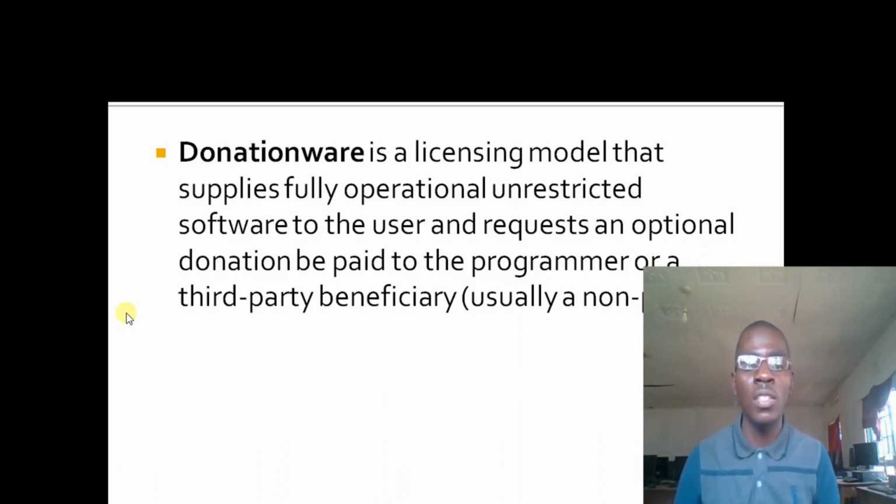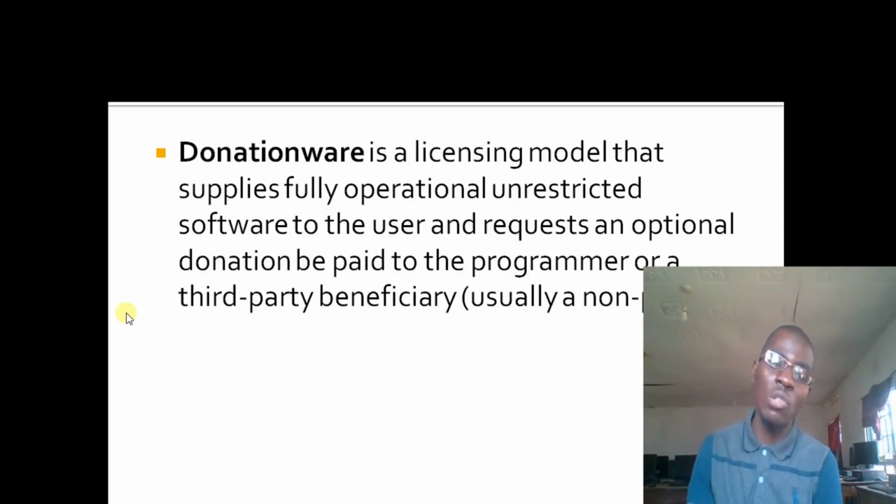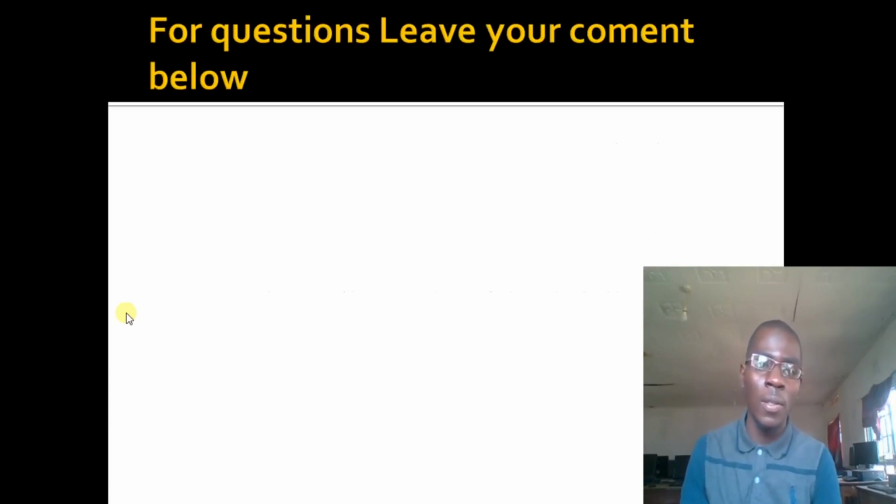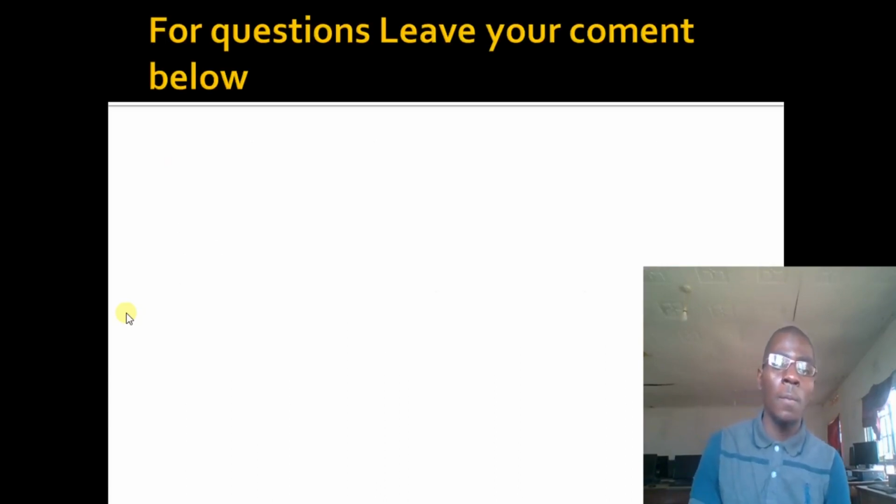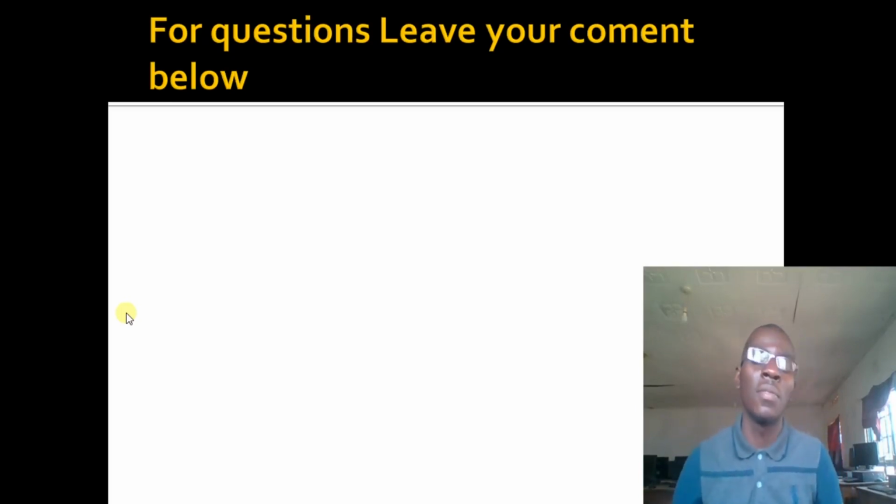They will always ask you to donate, and these donations are optional. So they are usually developed by non-profit organizations or beneficiaries. So those are some of the examples of application software, but there are many examples.